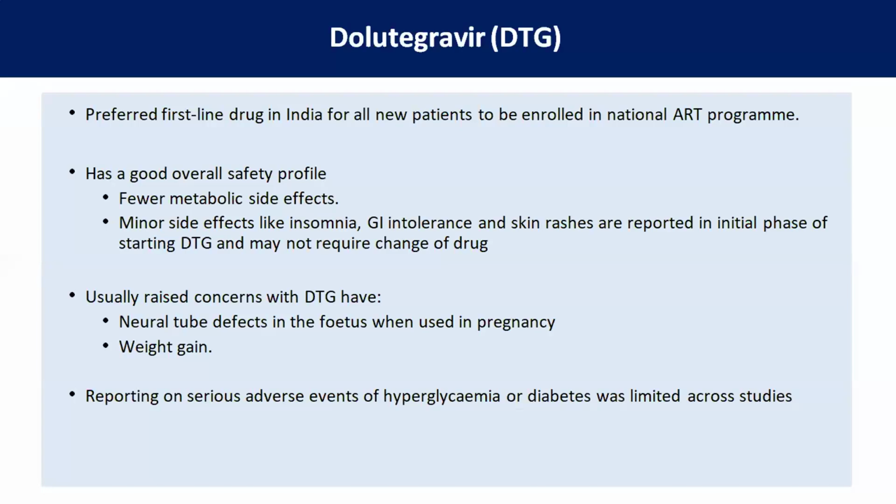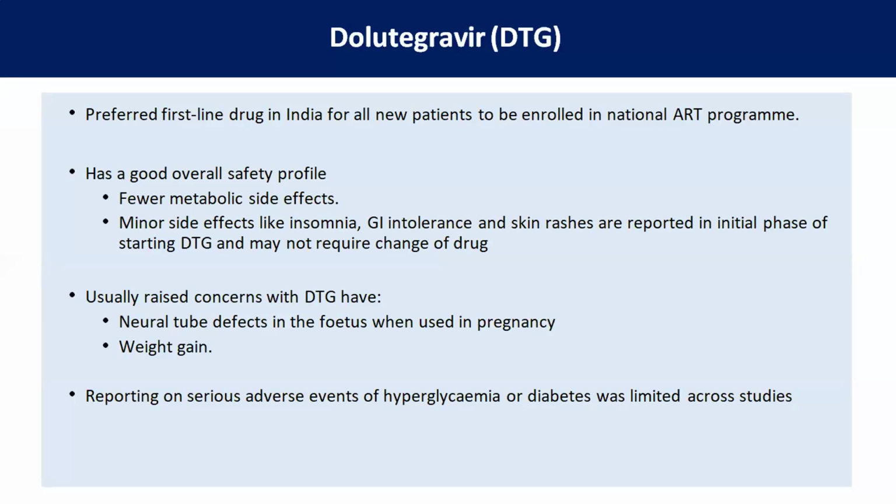It has a high genetic barrier of resistance, excellent tolerability, and limited drug-drug interaction. You can use it in any stage of pregnancy nowadays. So it is used as a first-line drug, second-line drug, and also as a third-line drug in our national program.